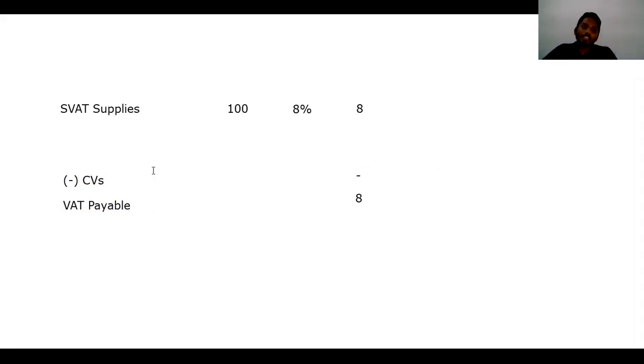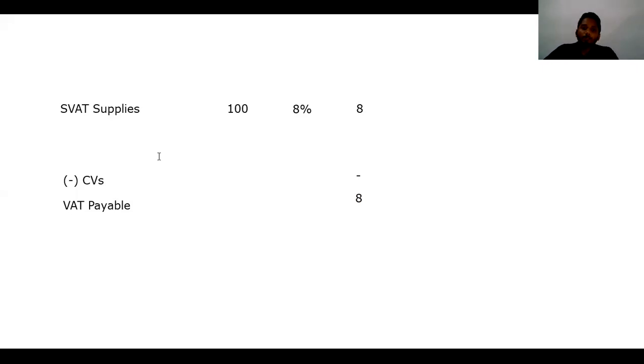Why they don't have a credit voucher is they didn't issue it. One case is they might not issue a SVAT invoice. Another case is they didn't enter the SVAT code into the system, and also they didn't enter the relevant schedule into the SVAT system. Then they will end up with VAT payable again, because they don't have any suspended credit vouchers in order to set that off.